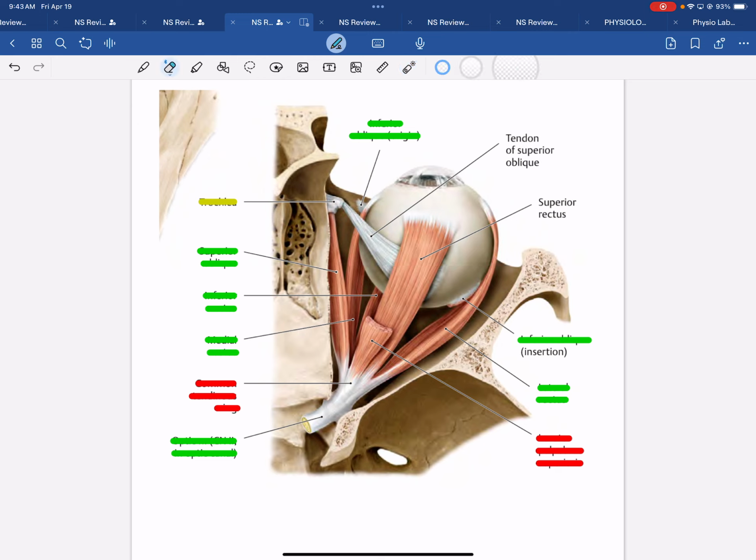Good, superior oblique. What about this one? Inferior rectus. Good, inferior rectus. This is a superior view. What about this one? That's inferior oblique. Good, inferior oblique. It's also over here.